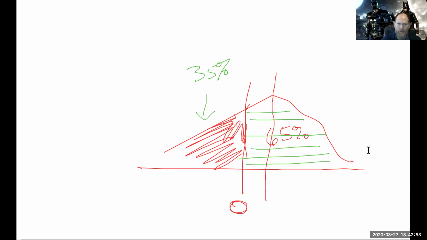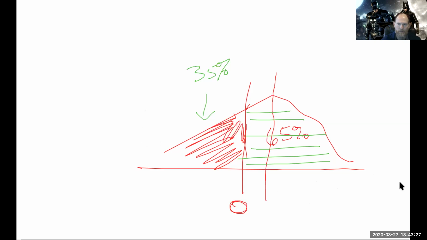And it should be on the other side because I'm to the left of the mean. Still doesn't give me a, oh, that's 0.03. My bad. 0.35 still doesn't give me a clean one.